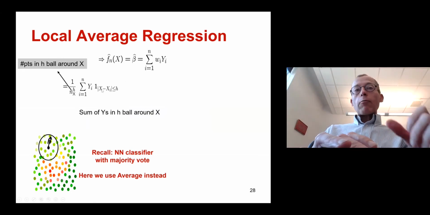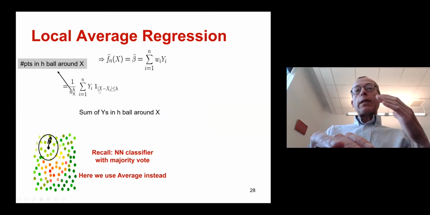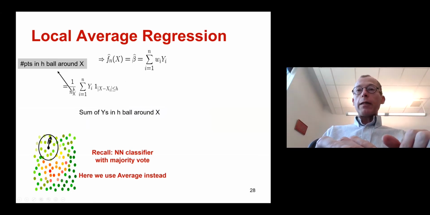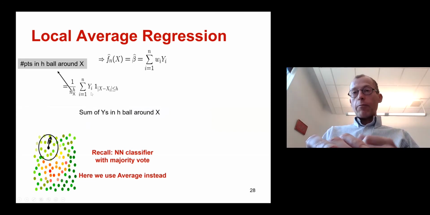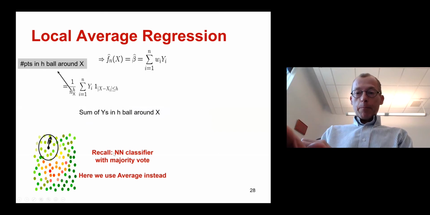And when we do local regression, we may put the same weight on all of the points in our ball, and yi is the value for each point, and we just use the values for the points in the ball. So this is very close to a KNN classifier.